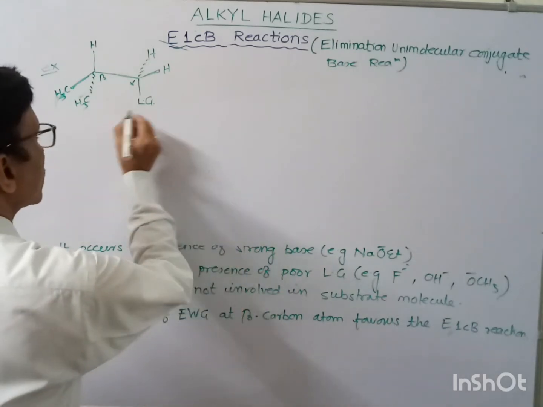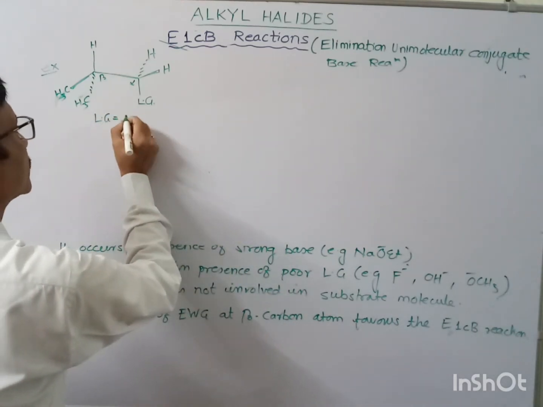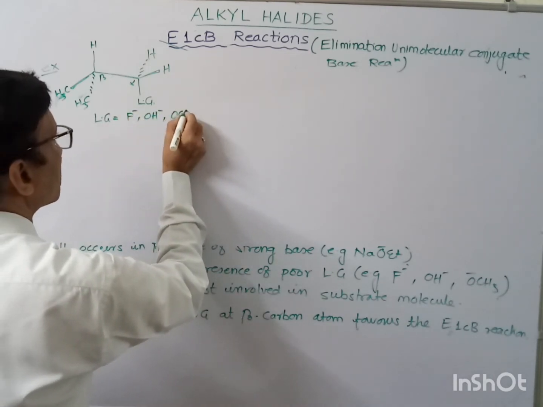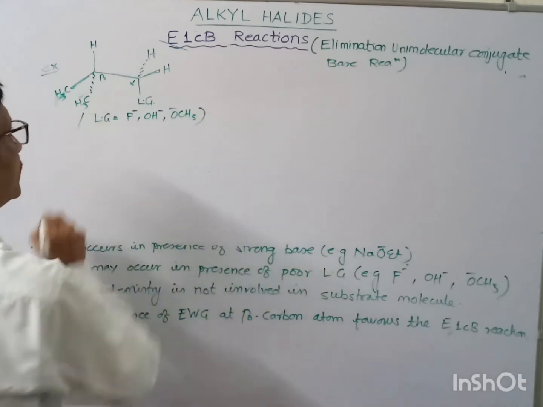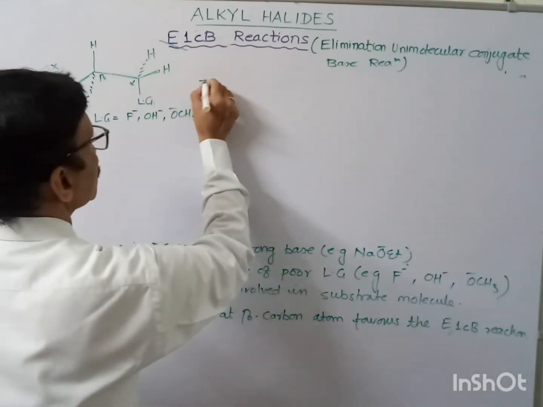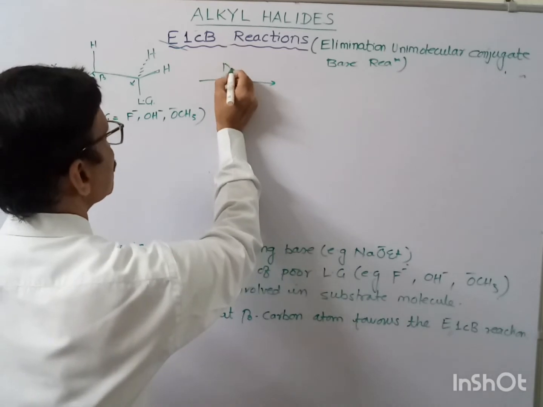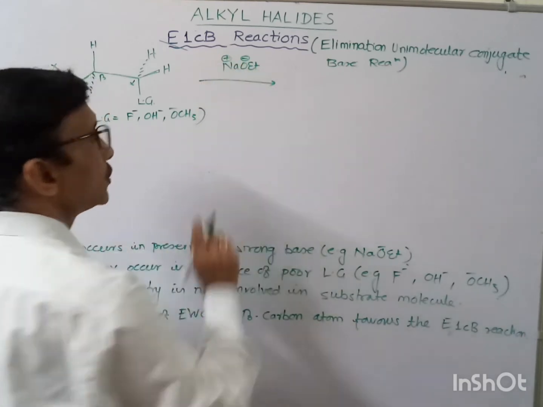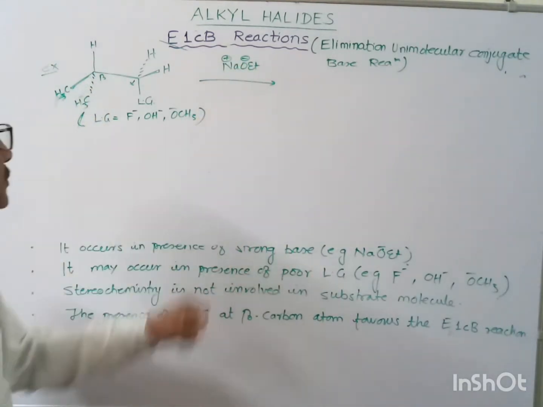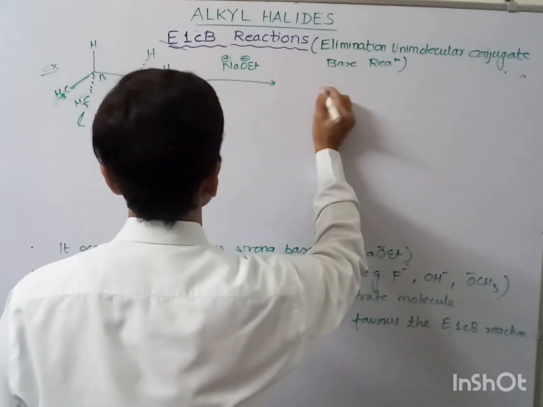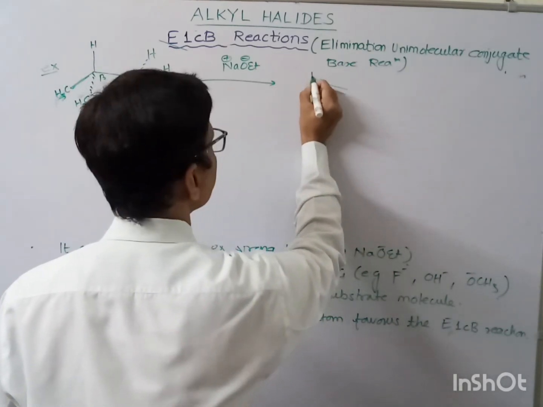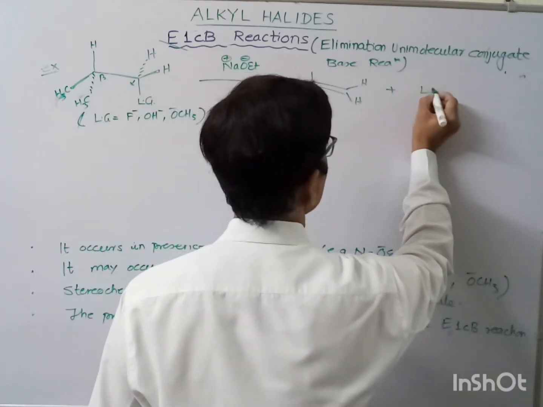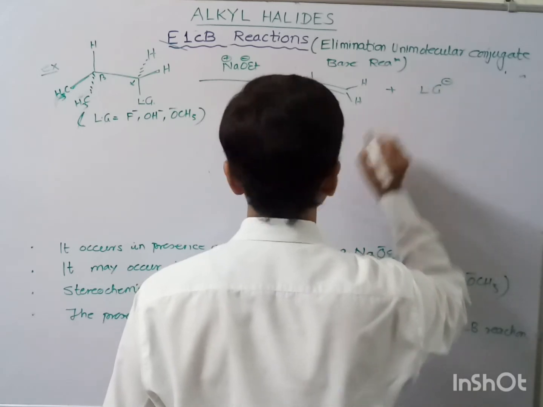Now here this leaving group may be a poor leaving group, any leaving group. Now in the presence of, suppose, sodium ethoxide as a strong base, what I told you, strong basicity is necessary in this reaction. So this strong base will give you the product, and this leaving group will leave out.